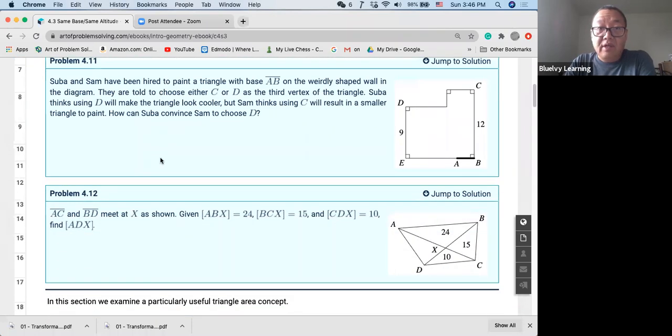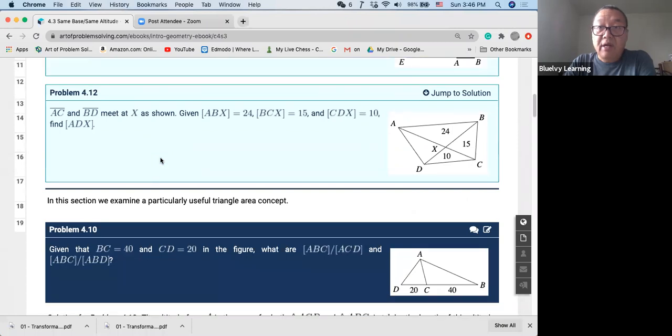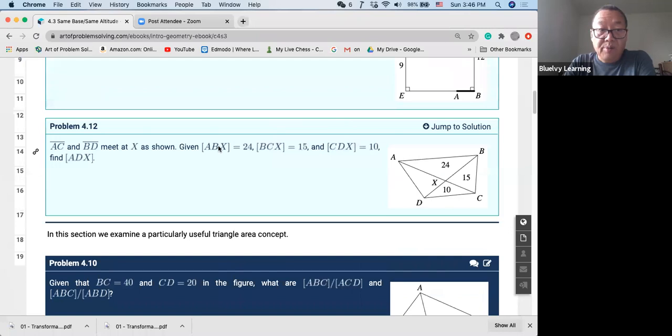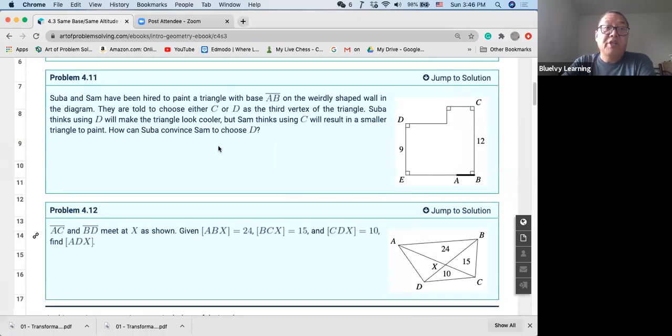Now let's try problem 4.11. Suba and Sam have been hired to paint a triangle with base AB on the weirdly shaped wall in the diagram.